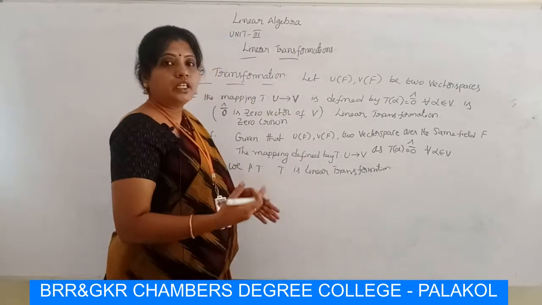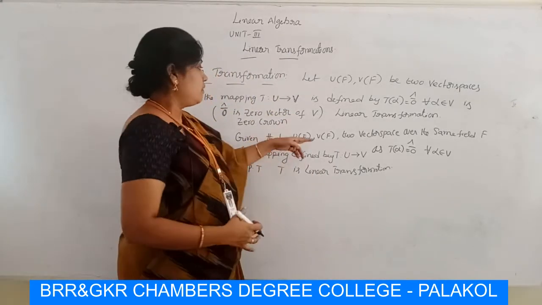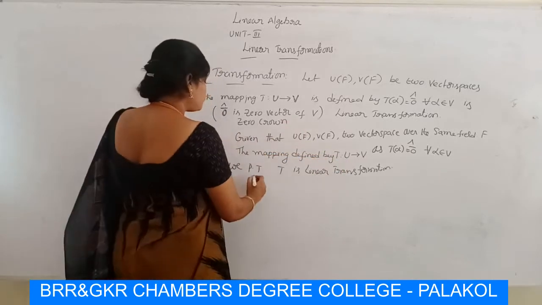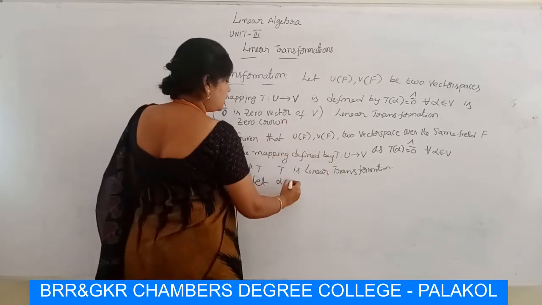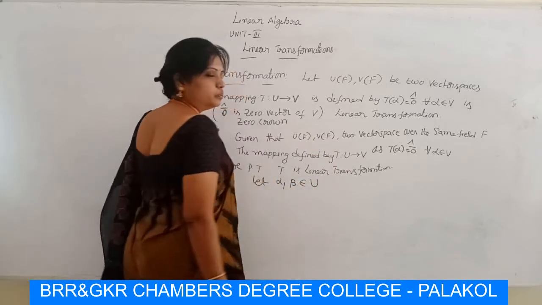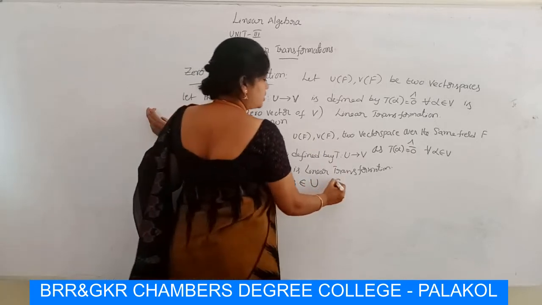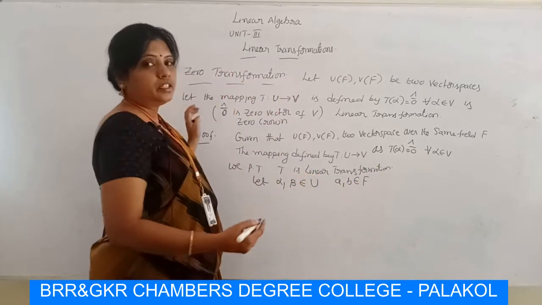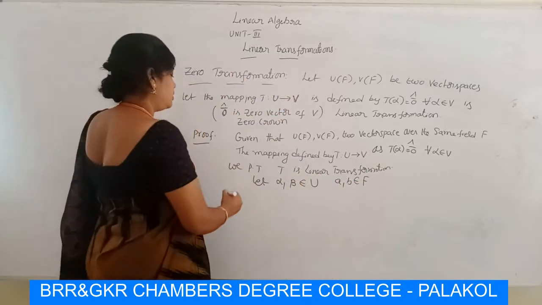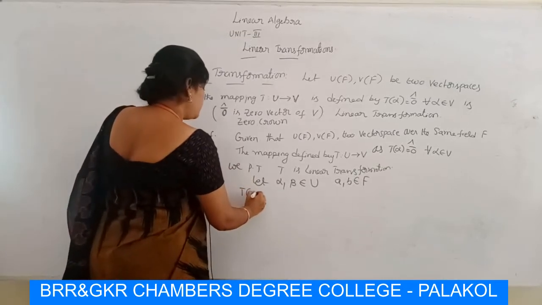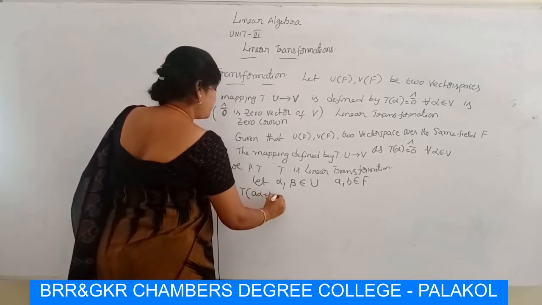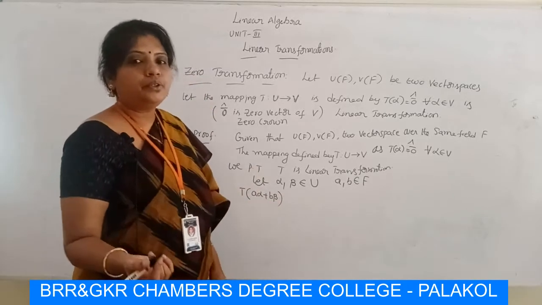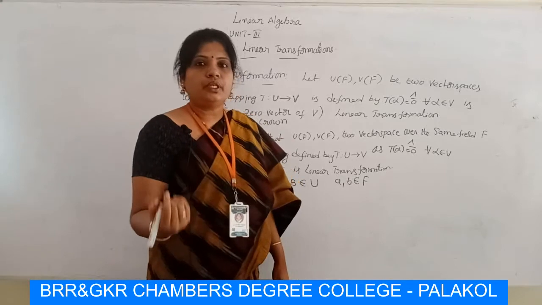Now we take any two elements in the vector space domain U. Let alpha comma beta belong to U and scalars A comma B belong to F. Here the field is the set of scalars. Now we have to prove T of A alpha plus B beta is equal to A into T of alpha plus B into T of beta.